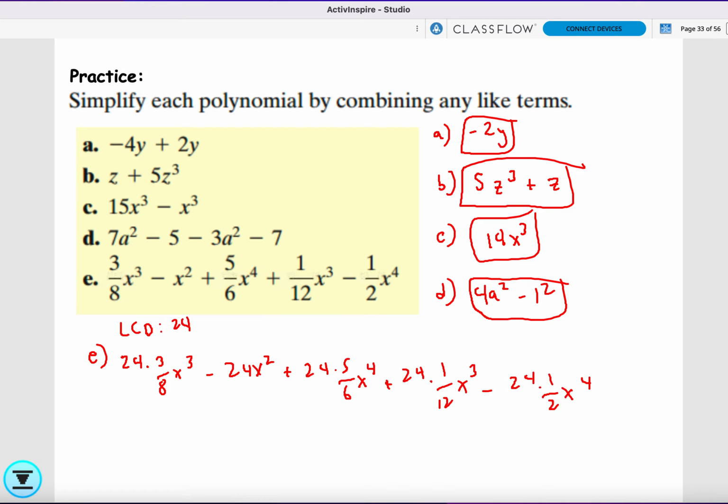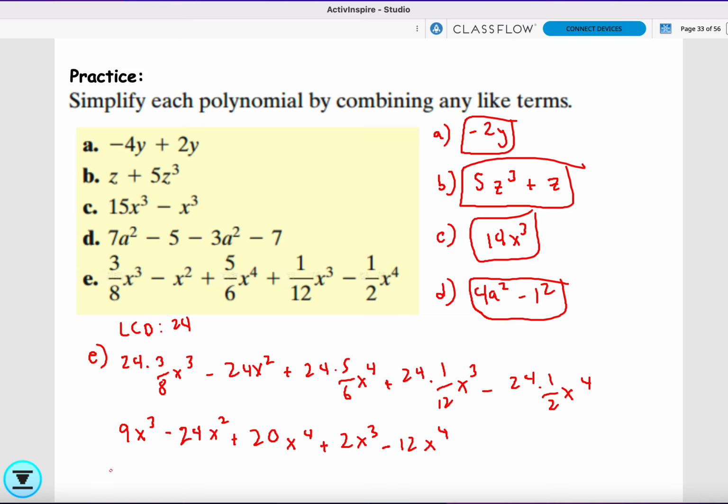So right here this becomes 3 times 3, which is just 9x cubed minus 24x squared plus 20x to the fourth plus 2x cubed minus 12x to the fourth.